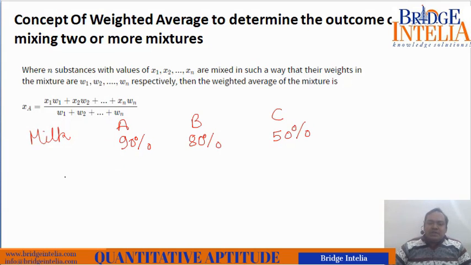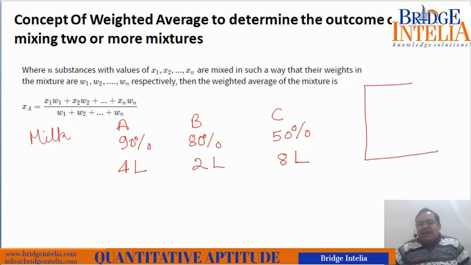Now what we did, we took 4 liters of A, 2 liters of B, and 8 liters of C. If you mix these three varieties, you will get a totally new milk solution.